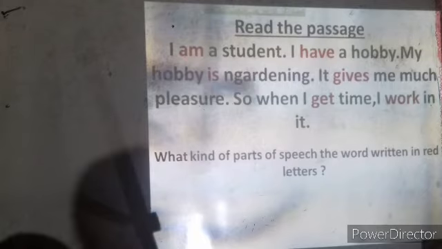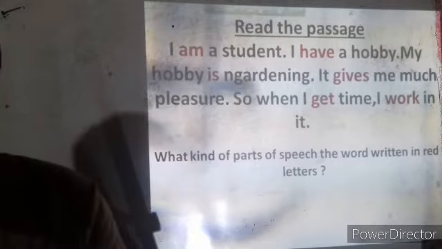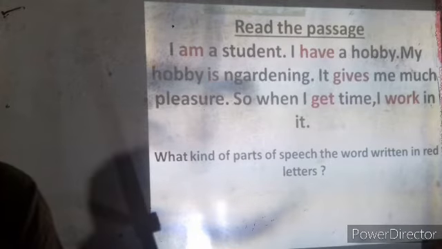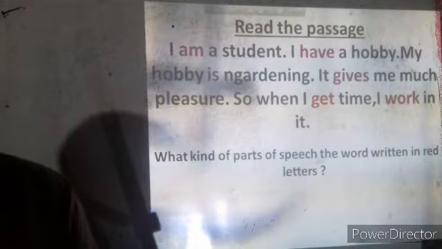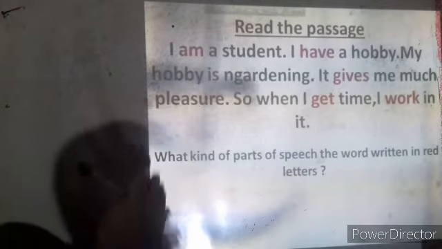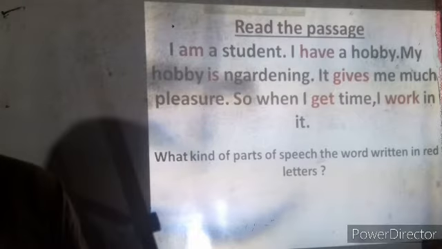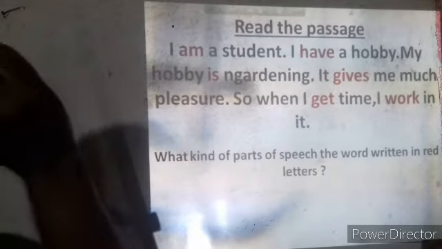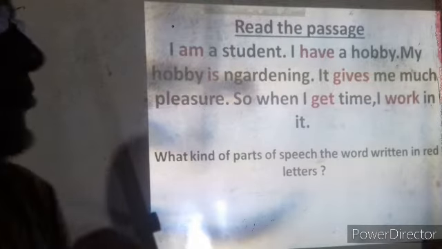My dear students, these verbs are of two kinds. Some verbs indicate action and some verbs indicate situation or state. So, in this case, we have to identify two kinds of verbs.